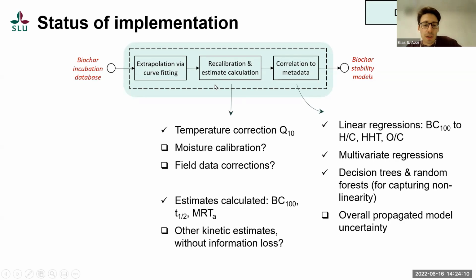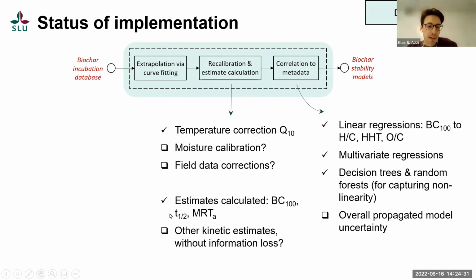When we talk about recalibration steps and estimate calculation, we have implemented what we call the temperature correction using the Q10 method. That's commonly done in the field, and we are also going to do it, but we're also investigating whether we could do moisture recalibrations and field data corrections.